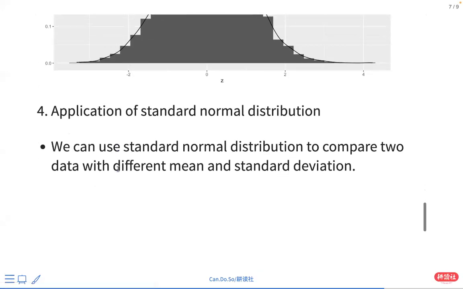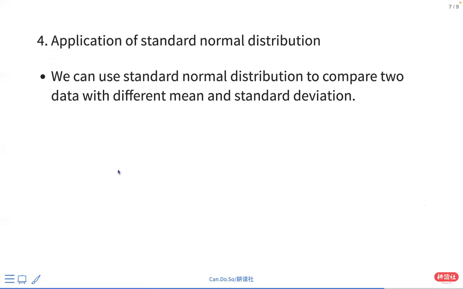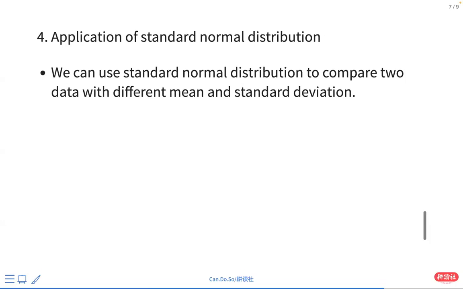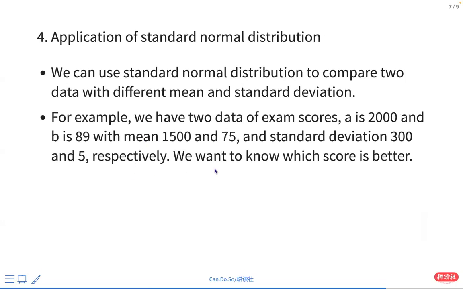Okay. How about how to use the standard normal distribution? Normally, if we have different measurements of the data, we can standardize the data and compare it. We use an example of exam scores. A got a score of 2000, and B got 89.